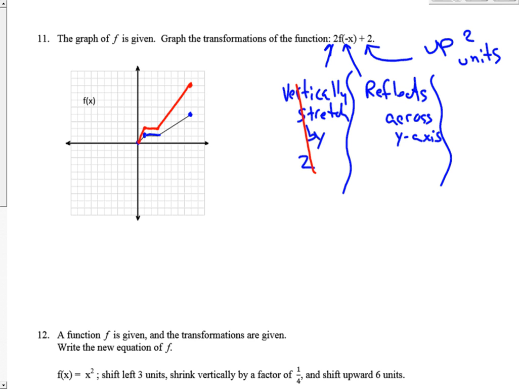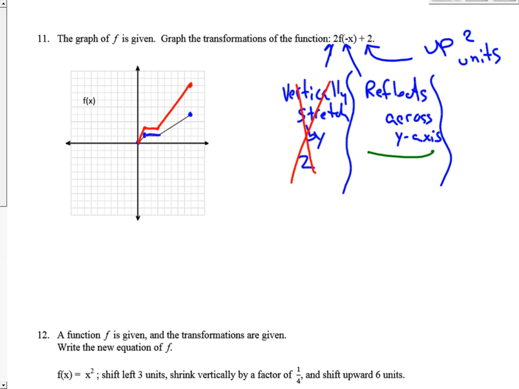Okay, so that is done, and we're going to move on to the reflection across the y-axis. So in green, I will do the reflection across the y-axis. Well, a reflection means you're going to see a symmetrical graph. So my first point at 0, 0 is not going to change.